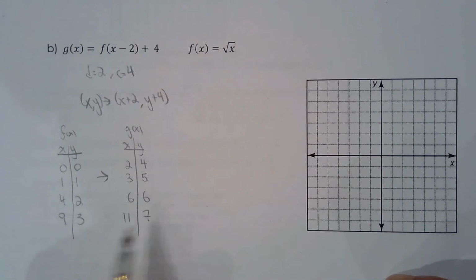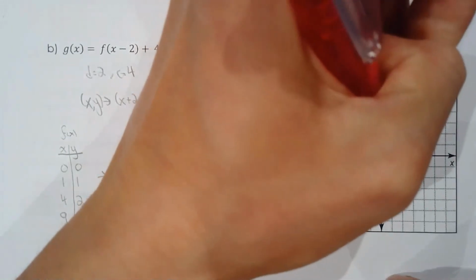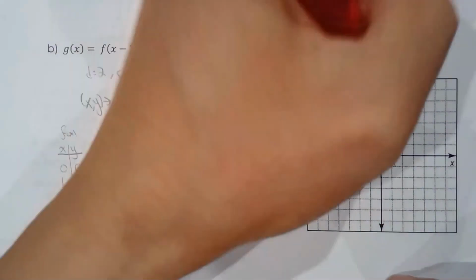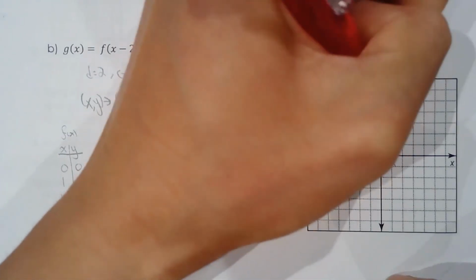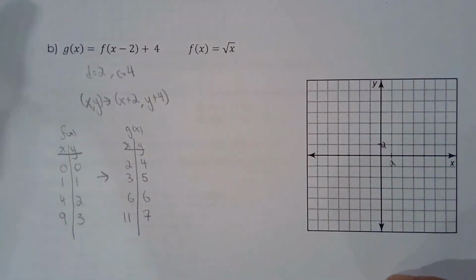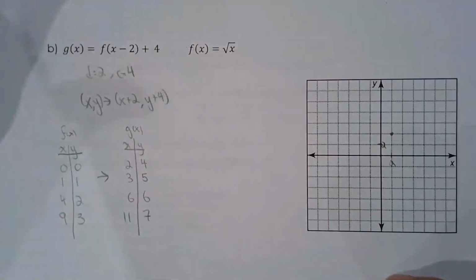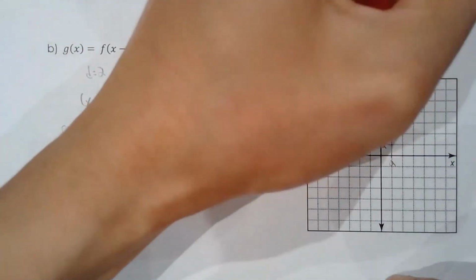I'm going to change the scale up. Okay, I'm going to change the scaling so it's 2 and 2. So 2, 4, 3, 5, 6, 6, 2, 4, 6, 2, 4, 6, and 11, 7.